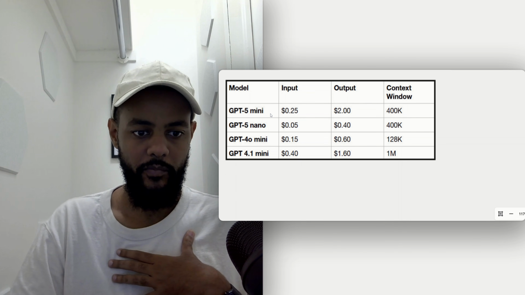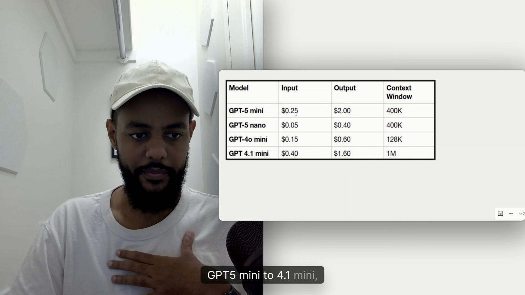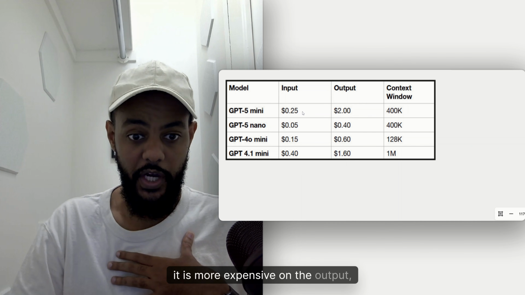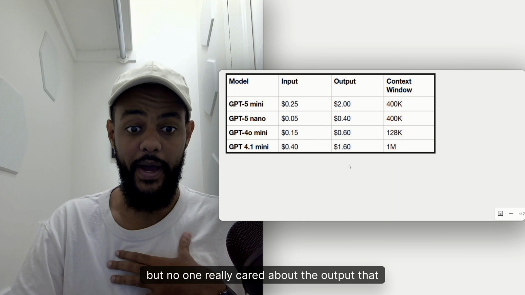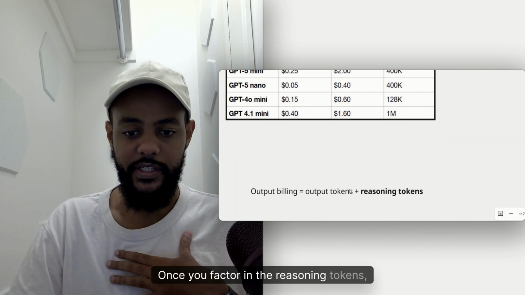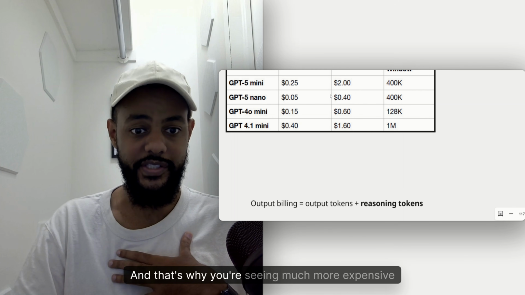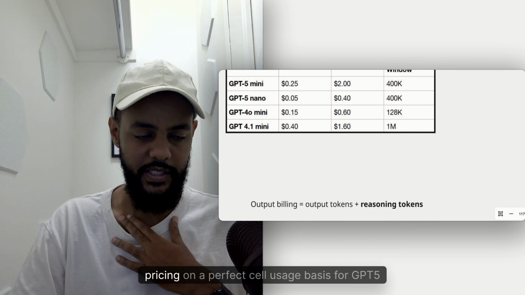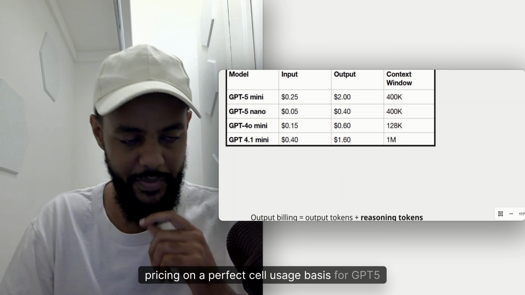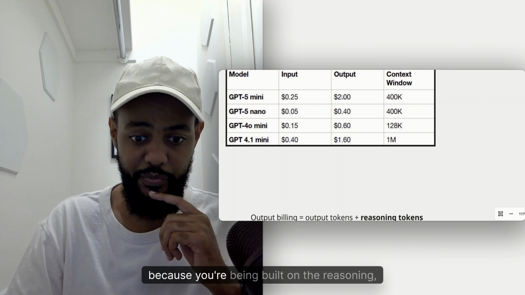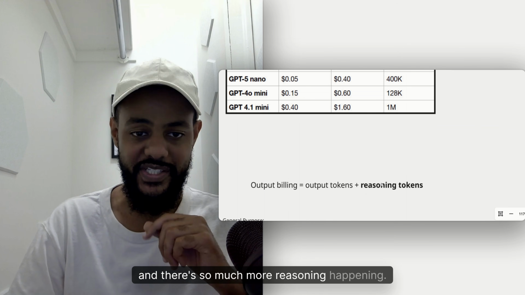If you compare GPT-5 mini to 4.1 mini, it's cheaper on the input. It is more expensive on the output, but no one really cared about the output that much. Once you factor in the reasoning tokens, that will allow this to skyrocket, and that's why you're seeing much more expensive pricing on a per cell usage basis for GPT-5 mini, even if you're not that impressed with the output, because you're being billed on the reasoning, and there's so much more reasoning happening.